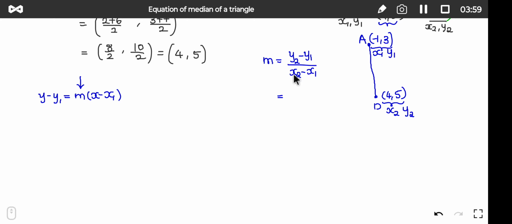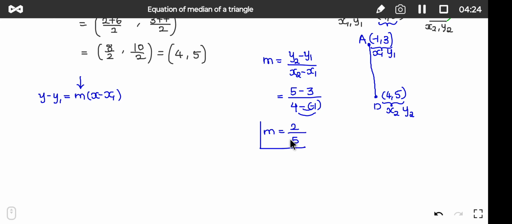Substitute the values: y2 is 5 minus y1 is 3, divided by x2 which is 4 minus x1 which is here minus 1, so inside the bracket minus 1. In the numerator 5 minus 3 which is 2, divided by, here minus minus getting plus, so 4 plus 1 which is 5. So we got our slope value which is 2 upon 5.